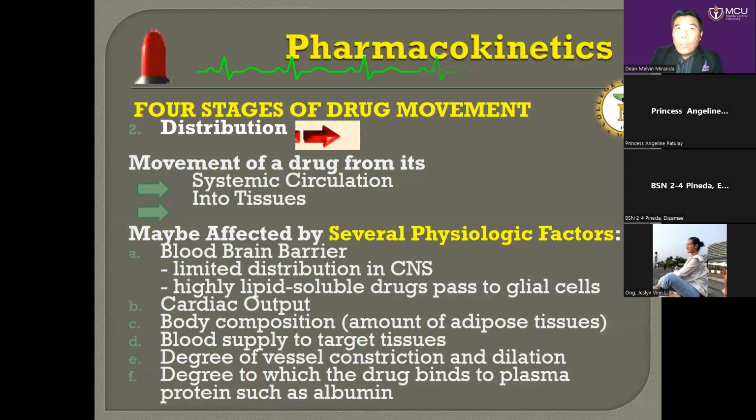Now, situations like if the patient is experiencing anemia, then obviously there could be a delay in the distribution of the drug. Kung ang patient naman ay on the other hand ay yung mataas ang RBC or polycythemia, slow naman ang movement ng blood kasi highly viscous ang blood and delay din ang pag-distribute ng gamot. So that's why it's very important for us to know the cardiac output.